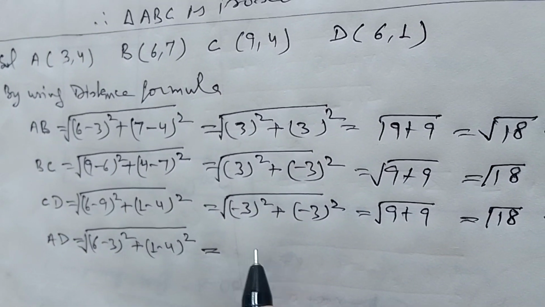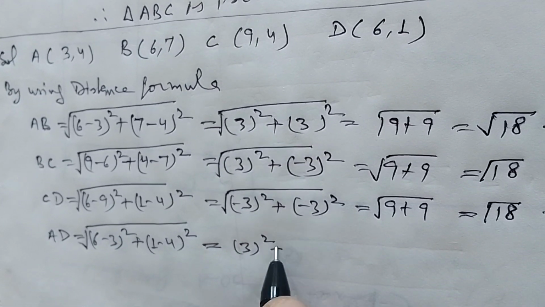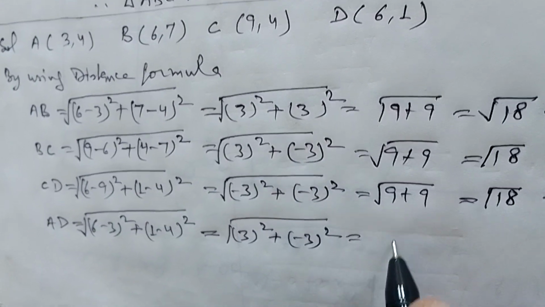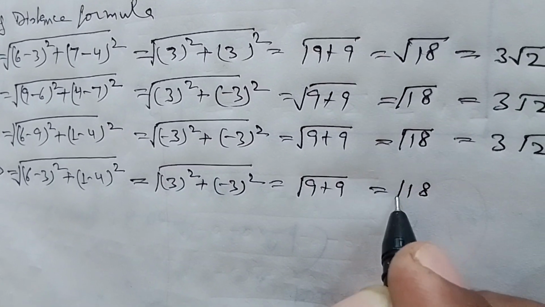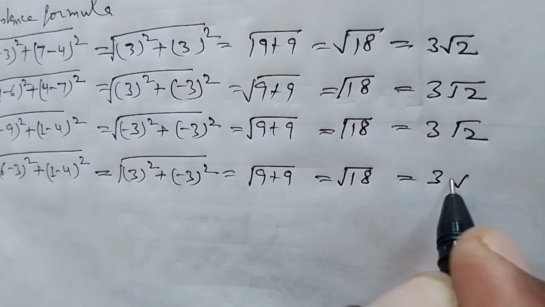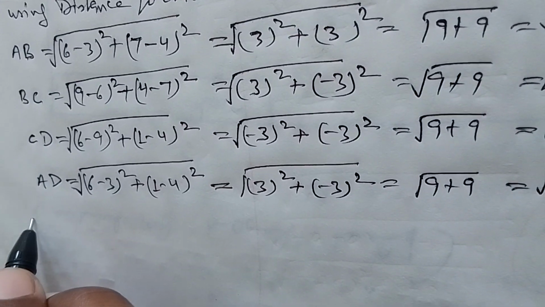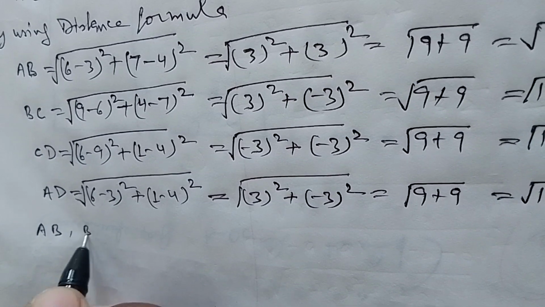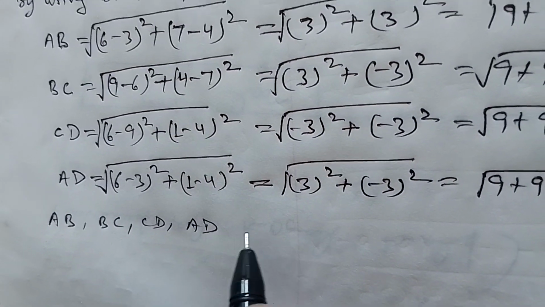So this comes to be 3 squared plus (-3) squared. It comes out to be root of 9 plus 9, root 18, which is 3 root 2 units. So these sides AB, BC, CD and AD are equal.